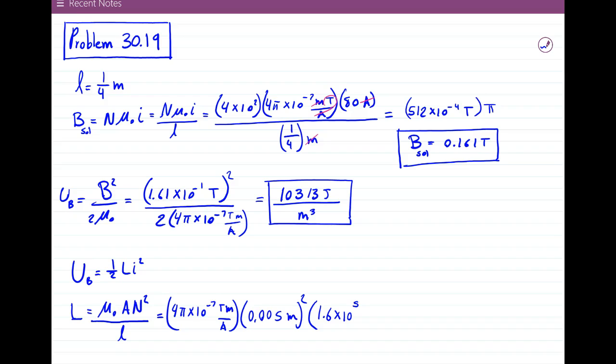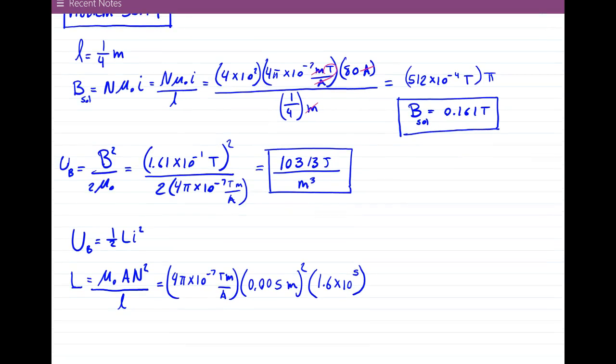Now, 1.6 times 5 is 8. 4 times that top, 8 times 4 is 32, times 4 is 128. So what is 128 pi? 402. So that's going to be 4.02 times 10 to the minus 5th.